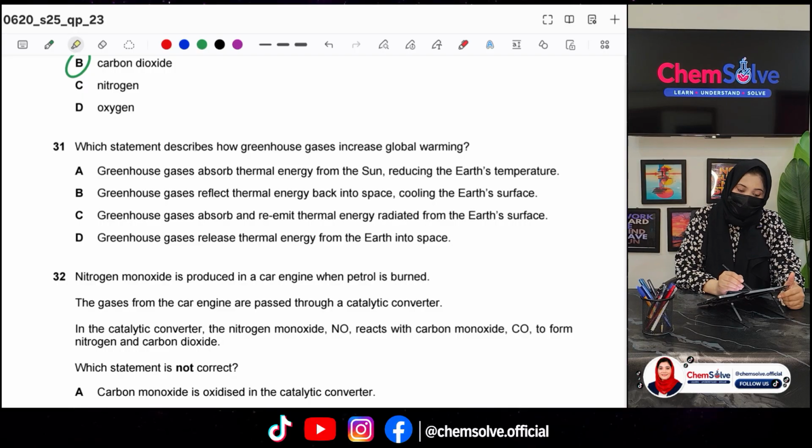Okay, so now look at question number 31. Which statement describes how greenhouse gases increase global warming? Before understanding this question, let's understand how greenhouse gases contribute to global warming.